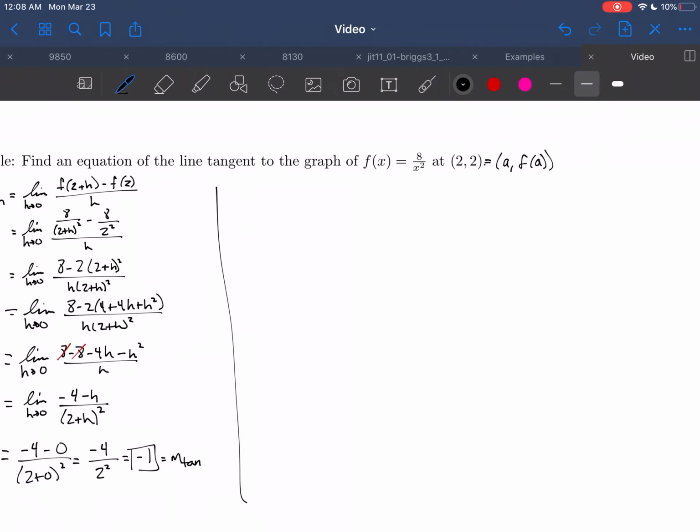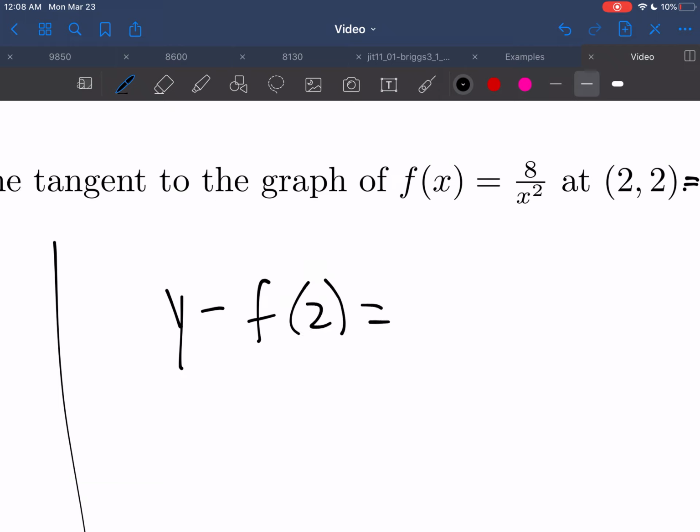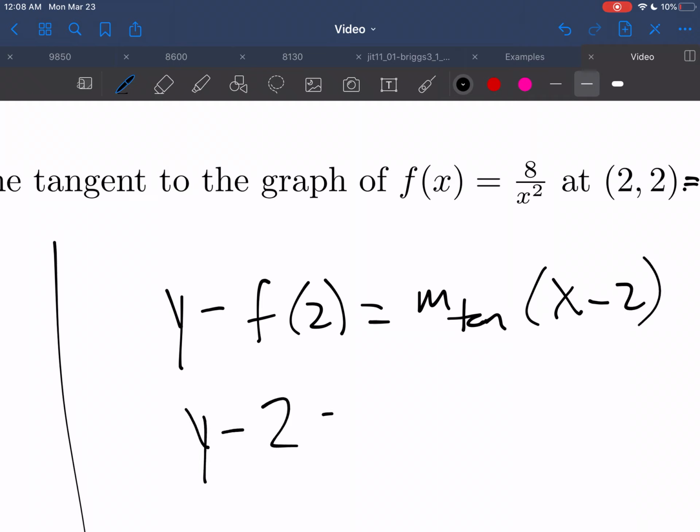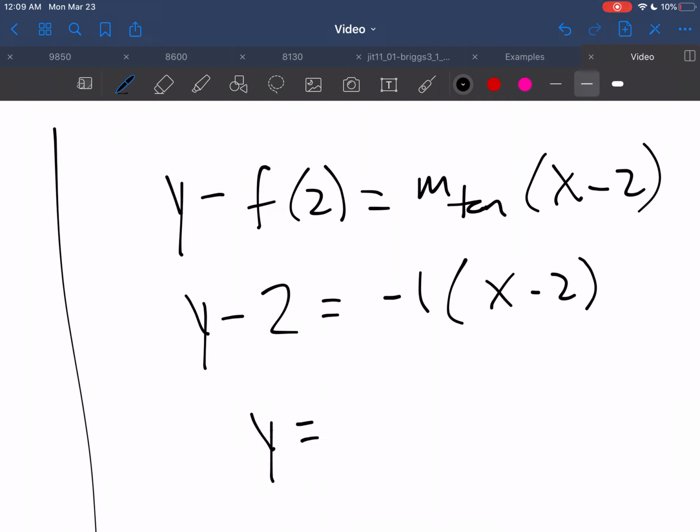So we'll use the same formula for our equation we've been using, and we end up with y minus f of 2 is equal to m tan times x minus 2. So y minus 2 equals negative 1 times x minus 2, and that simplifies to y equals negative x plus 4.